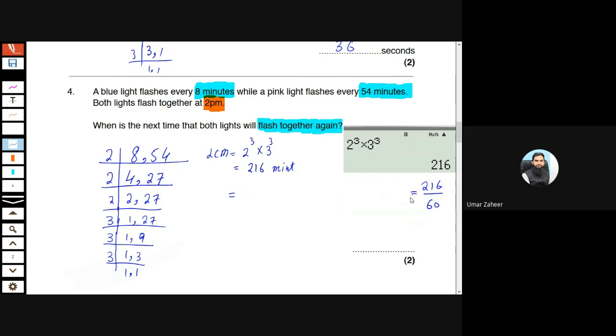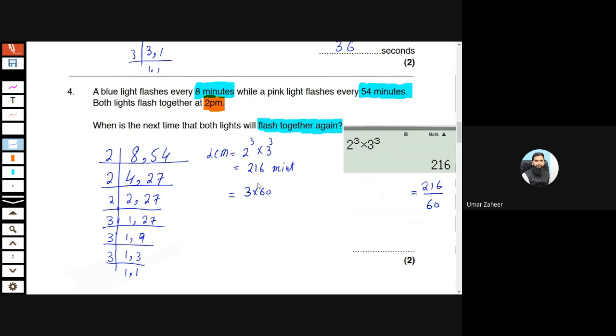It may be 3 point something or 4 point something. Sir, 3.6. 3 point, this means that it has 3 hours completely.